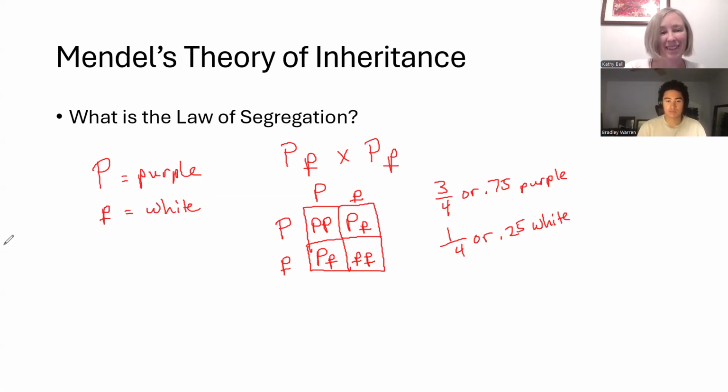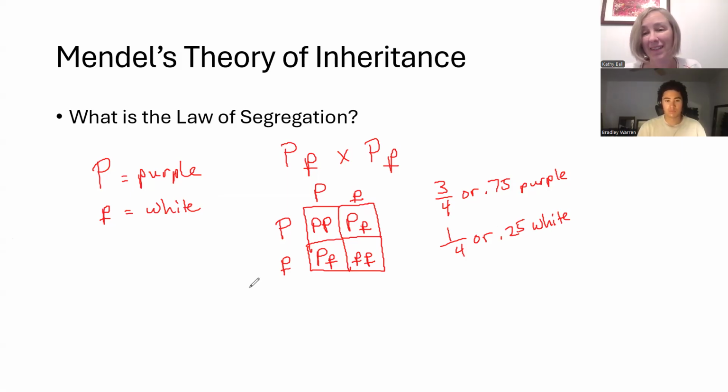And this is an example of complete dominance, right? Because if you've got the big P around, that's going to make it purple.